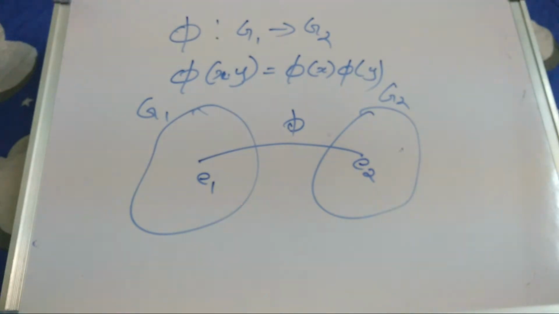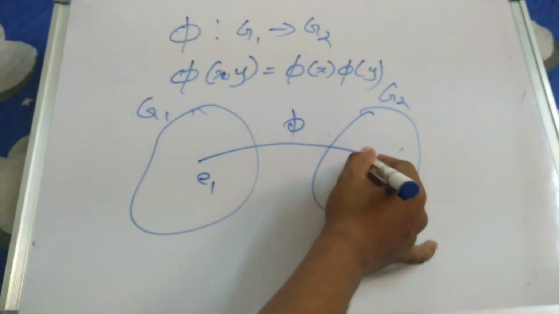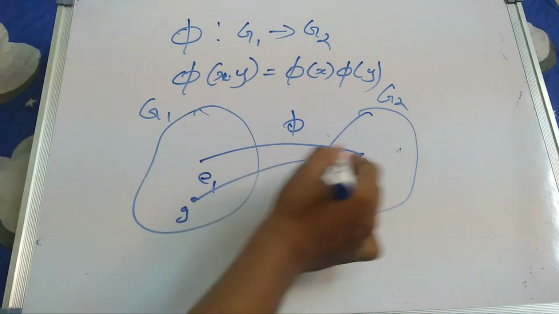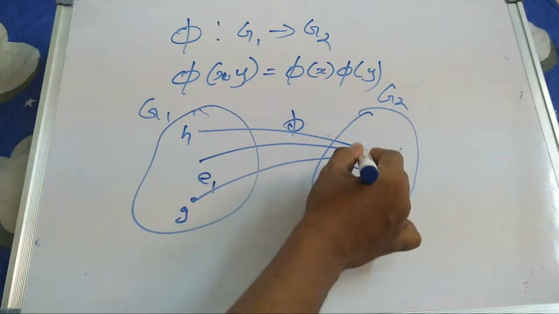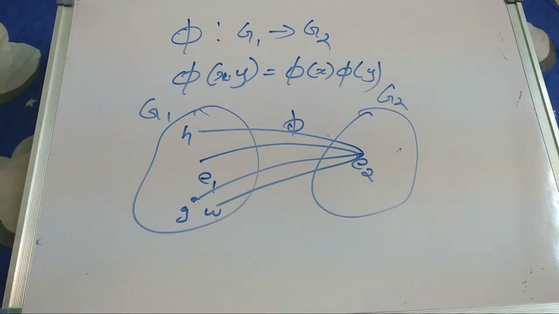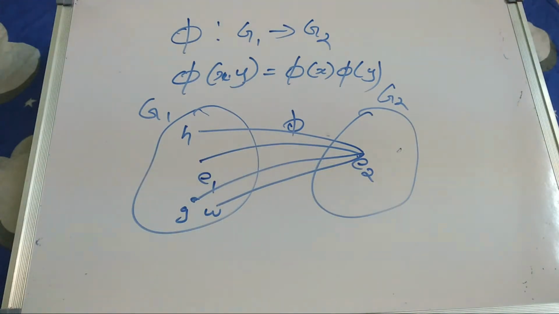There might be many other elements which might be mapped to the identity element of this group, say some other element g, some other element h, some other element w. So there might be many different elements which might be mapped to the identity element E2.